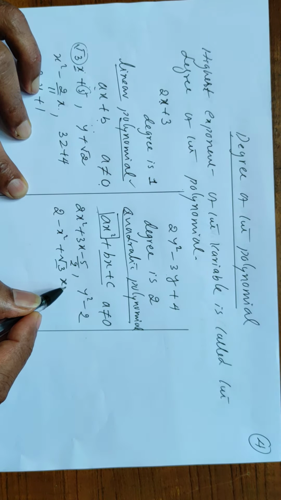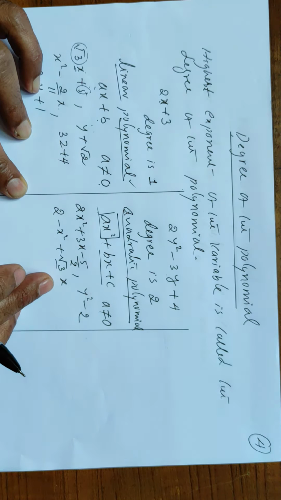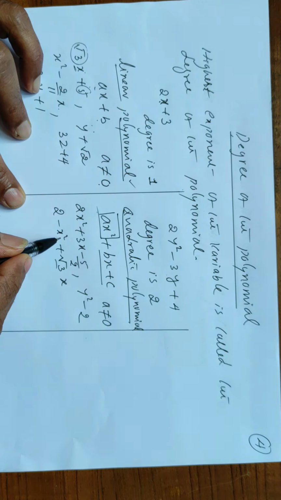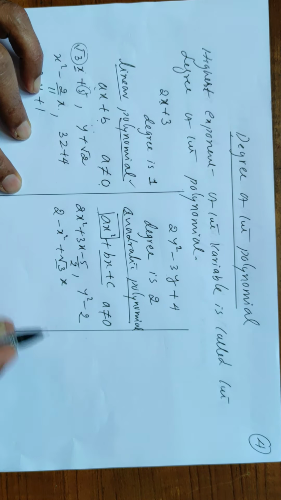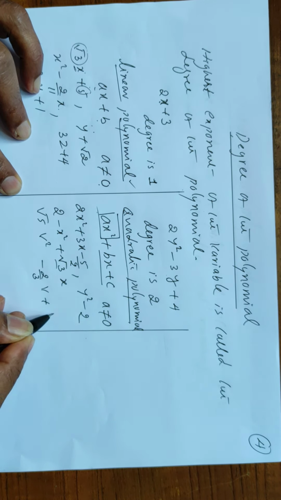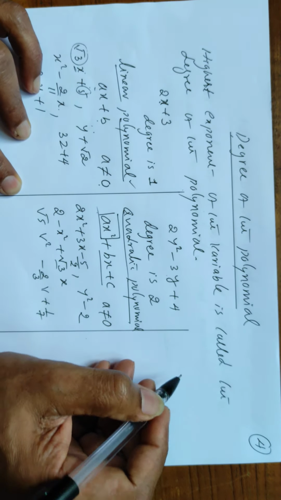We have to check the exponent of the variable, whether it is a whole number or not. Here highest power is 2. It is a quadratic polynomial. You can write root 5 v square minus 2 by 3v plus 1 by 7, like that.